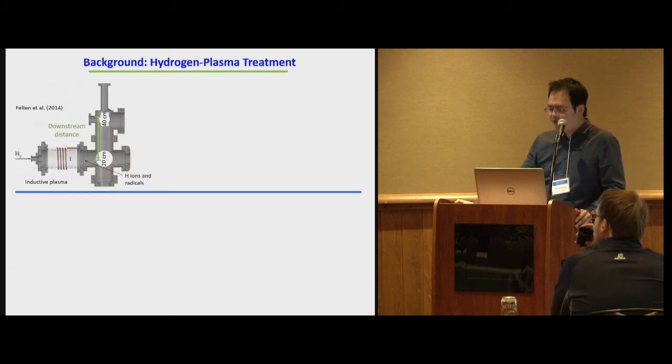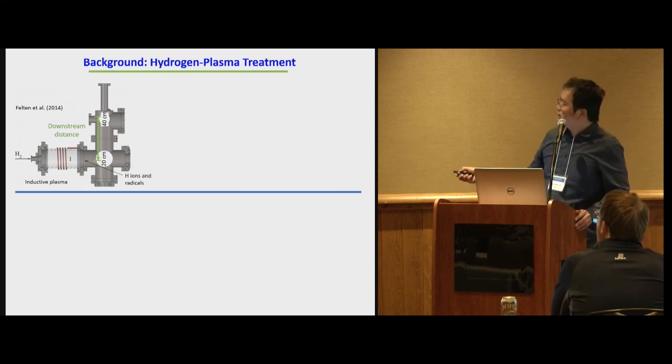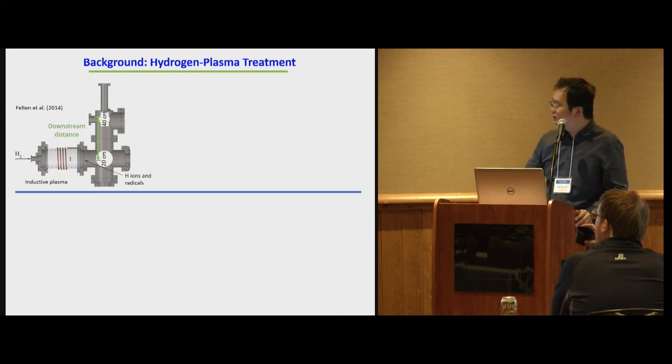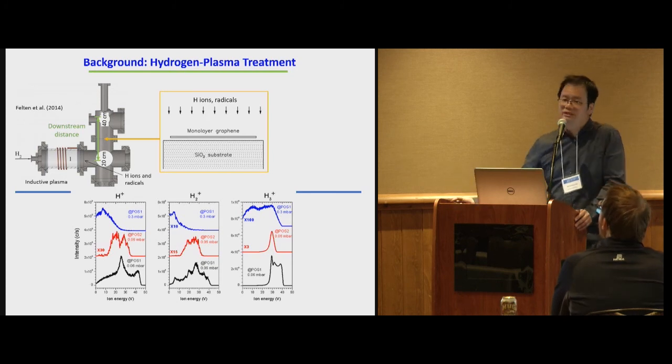One of the possibilities that has been shown in the literature is hydrogen plasma treatment. Essentially, you take a graphene sheet and place it at a downstream distance in a hydrogen plasma chamber. You pump hydrogen gas into this chamber, and because of the plasma itself, the H2 gas is converted to essentially hydrogen ions and radicals.